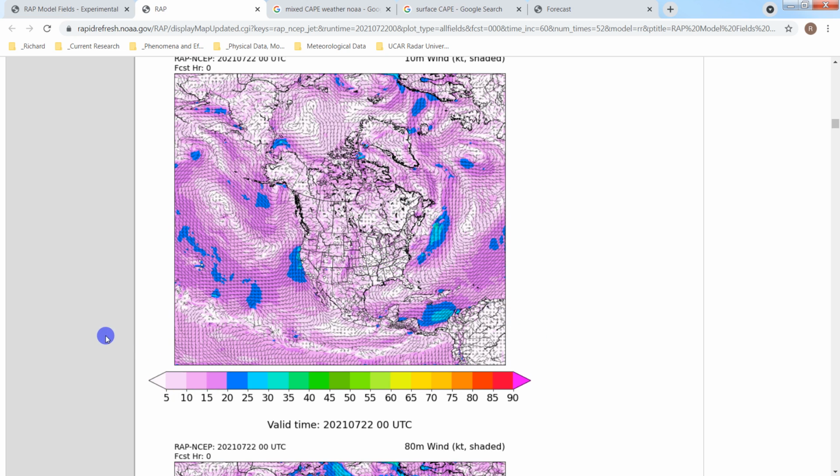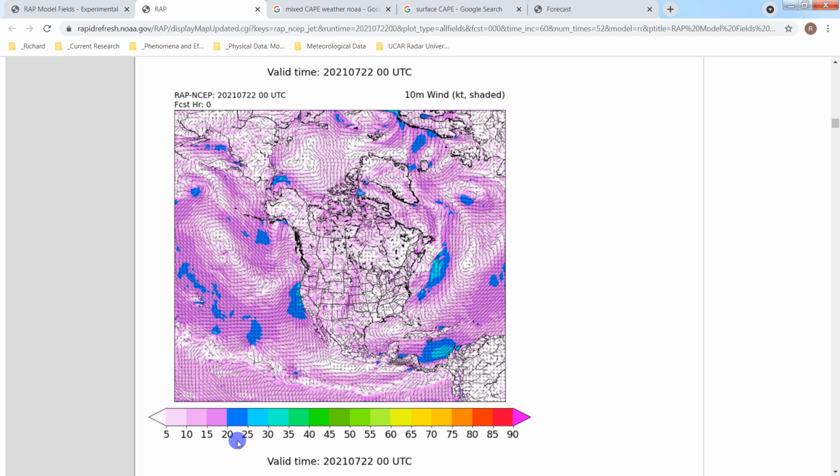1/2 rho v squared. Okay, so these are meters per second. Holy crud! Pardon my French. It says 10-meter winds, so hopefully it's all in metric. So let's see if I can do this.